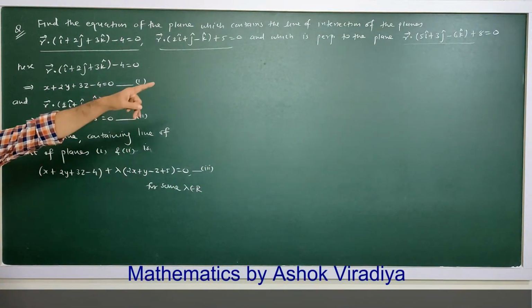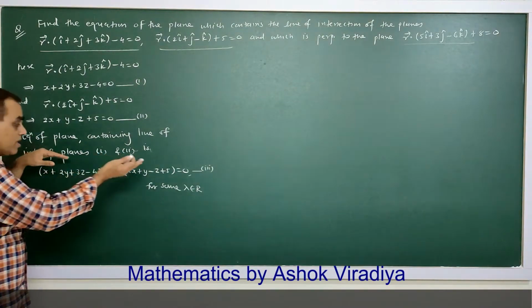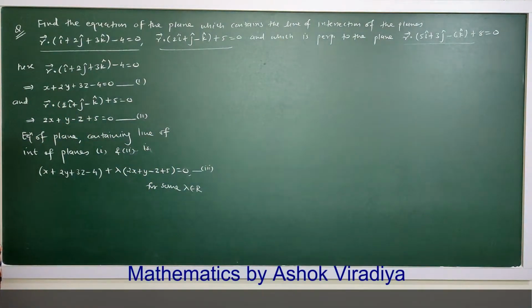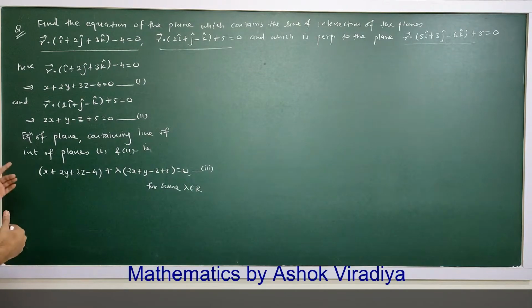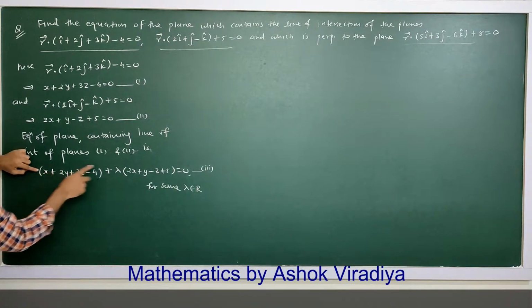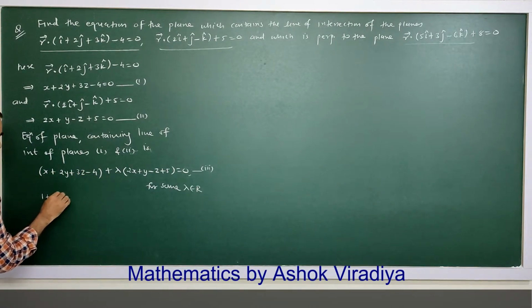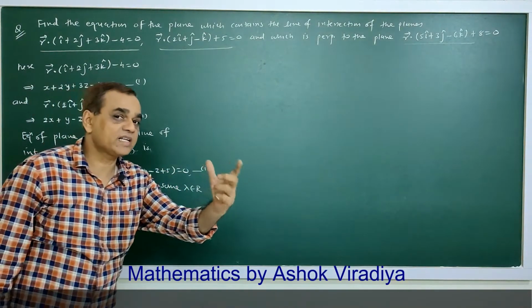Now this plane is perpendicular to that plane. So that means the dot product of the normal to this plane and the normal to that plane is 0. To find the normal, we put this in standard form. So 1x plus 2 lambda times x. We are interested in the coefficients of x, y, z.